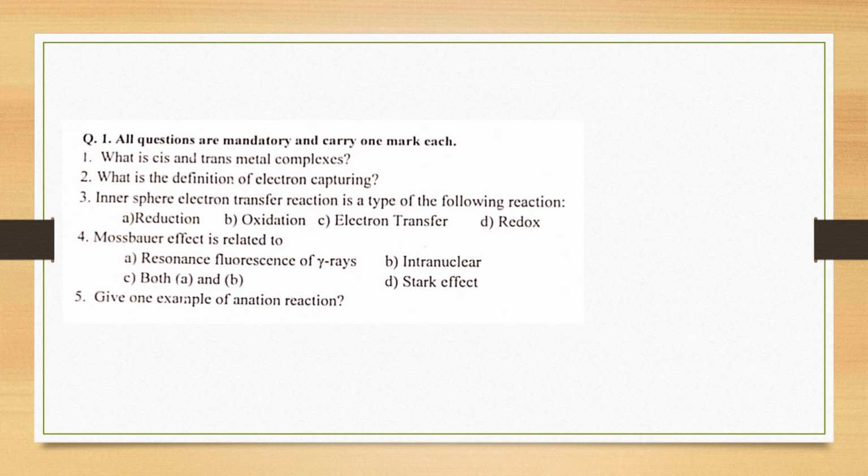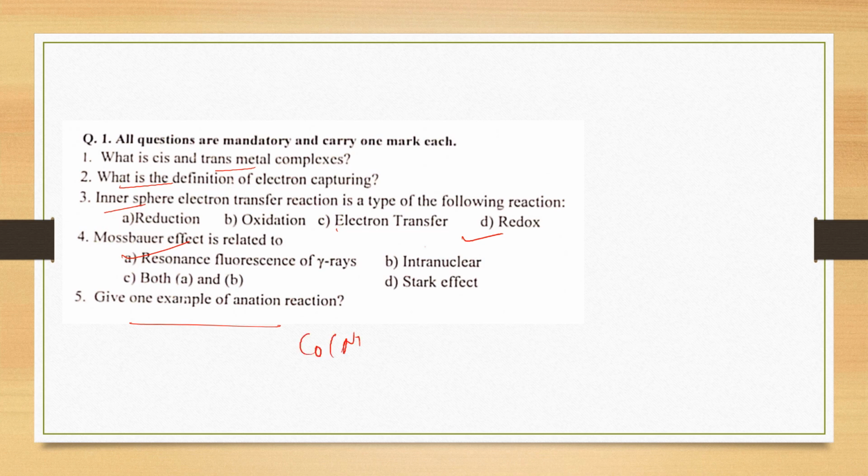What is cis and trans metal complex? I have already told you. What is the definition of electron capturing? It is repeated. Inner sphere electron transfer, this is redox, this is resonance. Annihilation reactions example: these all questions are repeated questions.